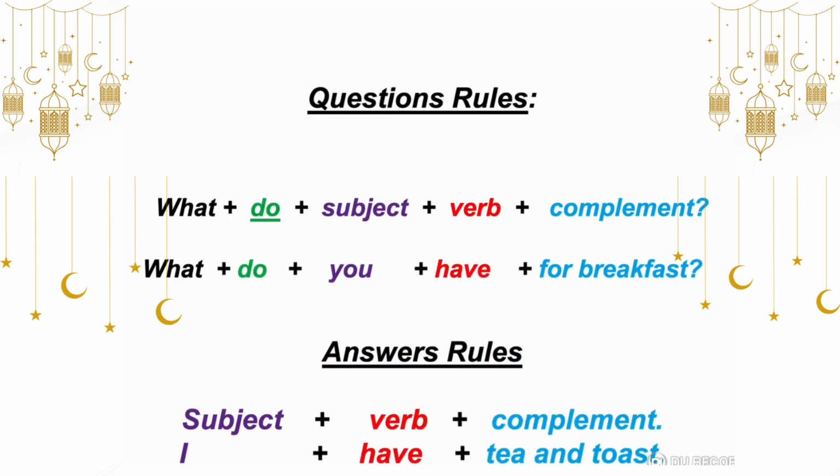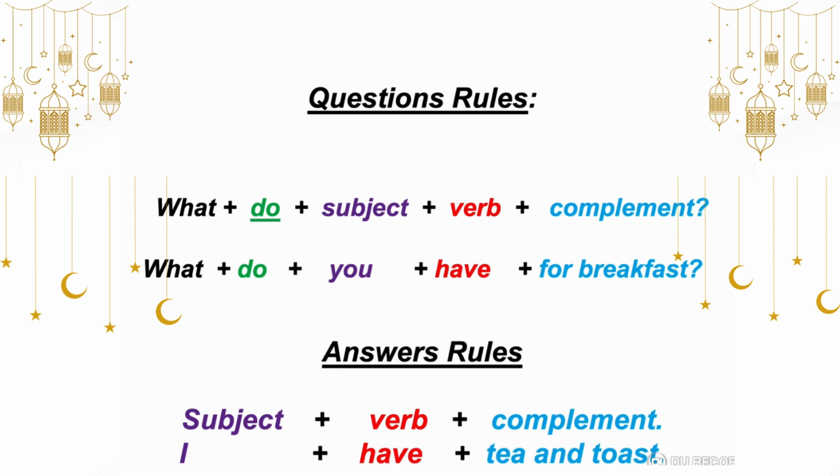Before we have real sentences, we are going to see the rules. Question rules. So this is the rule, how to make a question in English. The first word is what or how or where, so it's a WH word. Why do we call them WH words? Because all of them, or 90% of them, start with WH, with the exception of how.